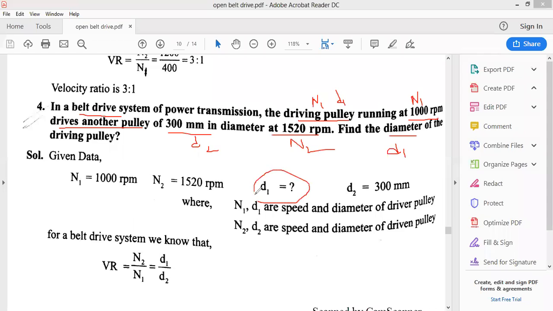So N1 by N2 is equal to D1 by D2. Also we can write it as N2 by N1 equal to D1 by D2. Usually it is written like this, driven by driving.